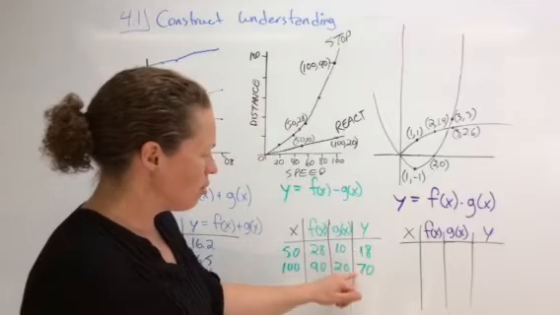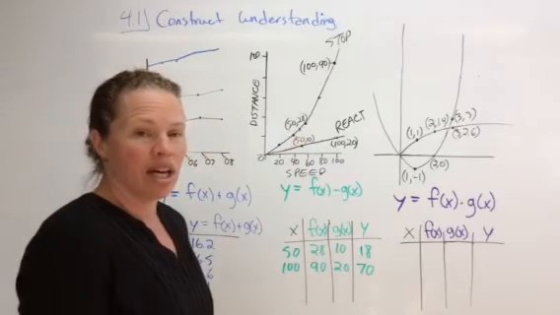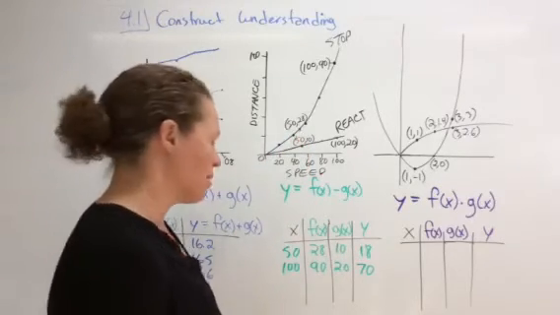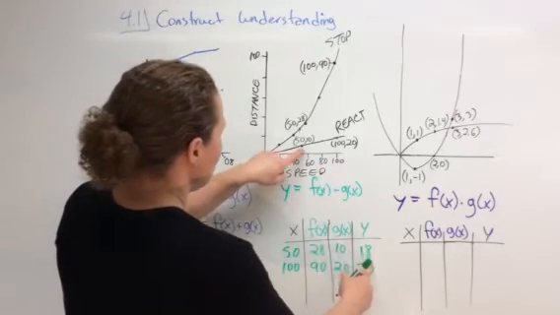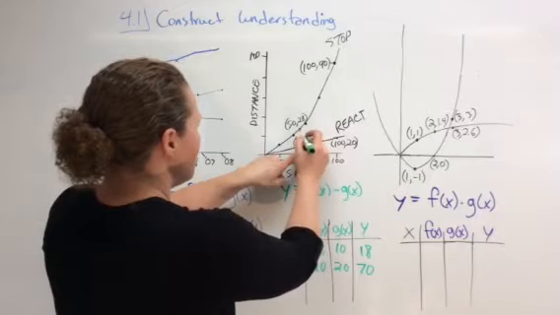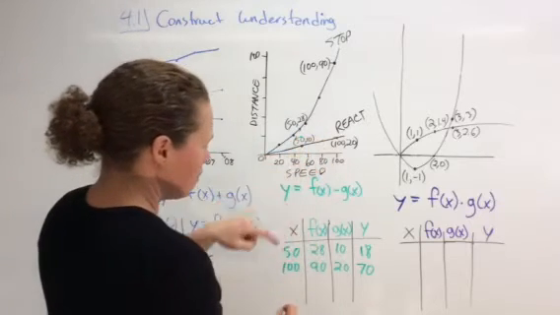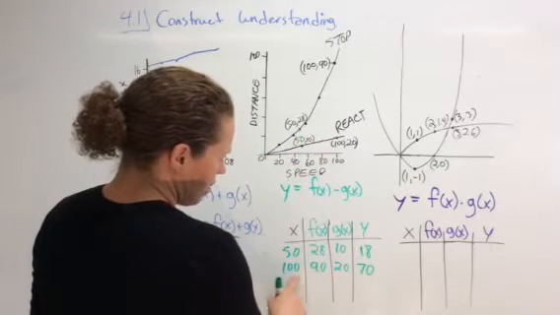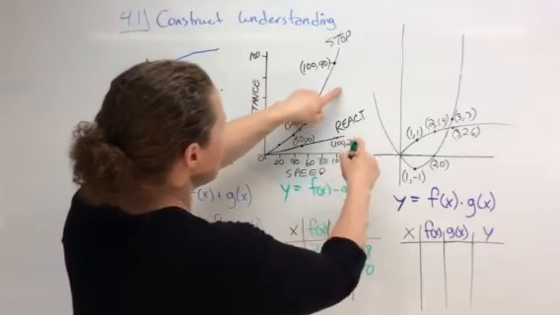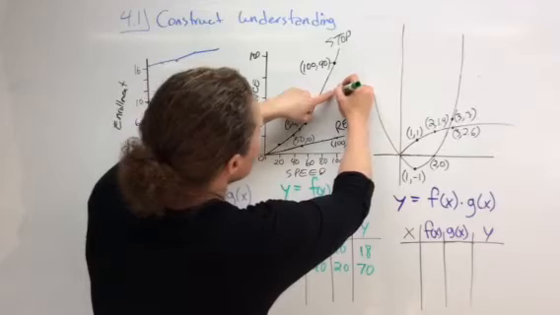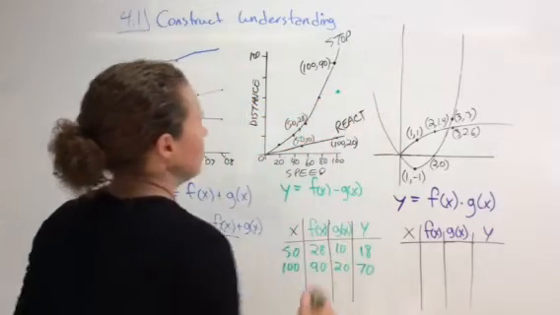So I have two new points that I can plot on this graph and show where the braking distance is. So I go to 50. And my new point is 18, so it's going to be right in there. And at 100, my new point is 70, so this is 60, 70, right about there. And yeah, it's a sketch.